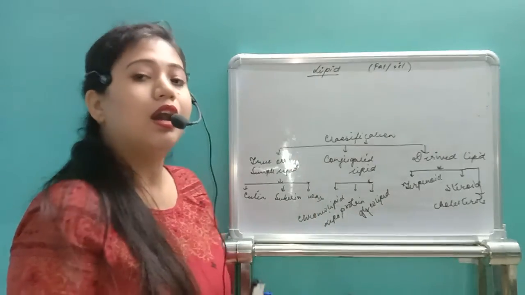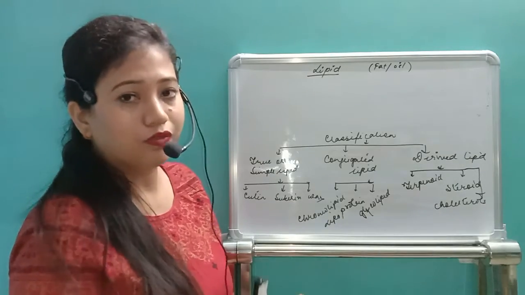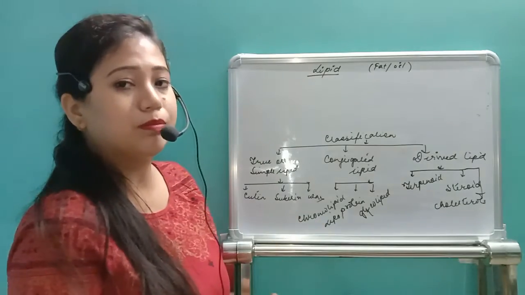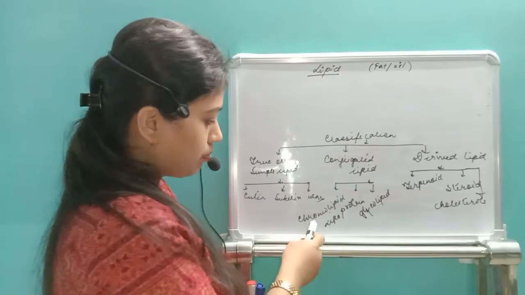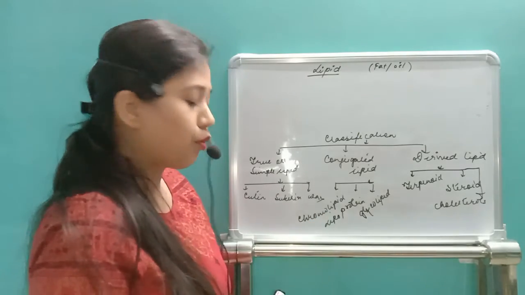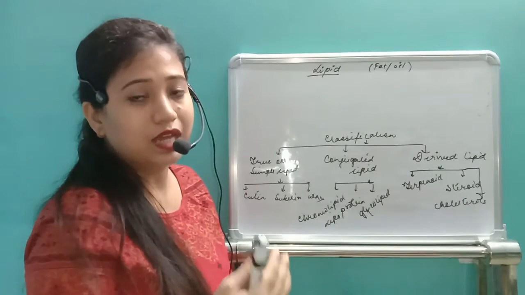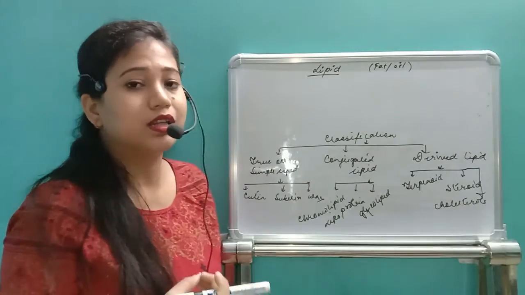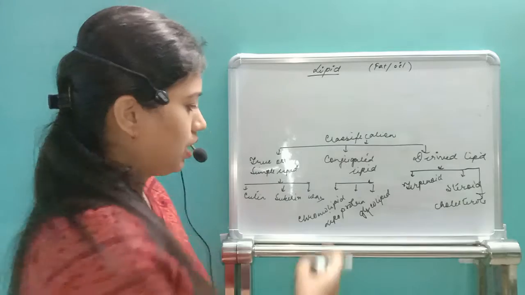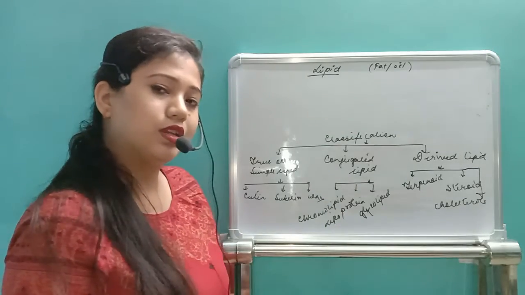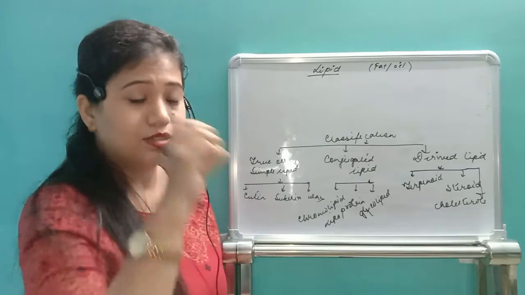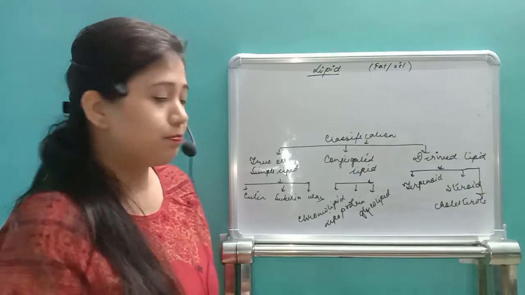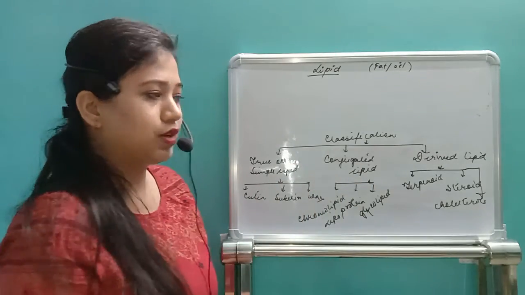Along with that, we will have some non-lipid components. Like in the chromolipid, we have some pigments added to the lipid. If it is lipoprotein, then along with the lipid we have a protein component. If it is glycolipid, along with lipid, glycogen or some other carbohydrate will be there. So this will be called the conjugated lipid.